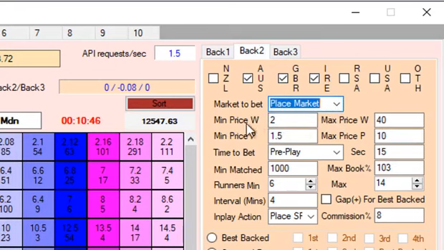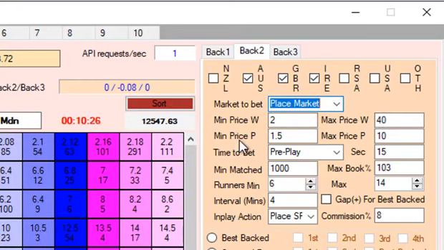Now with the win price, maximum and minimum, this is what the bot will look at here when it determines the favourites, or the steaming favourite or the best backed. It will be looking in this price range here.